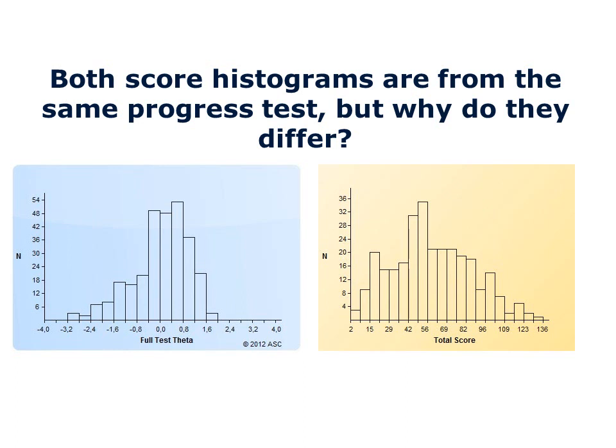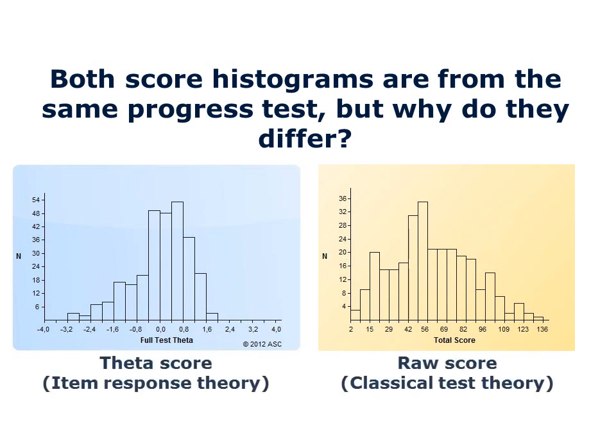So, we have two histograms from the same progress test. But why do they differ? On the left side, we have a histogram of theta scores, which are produced by item response theory, and on the right side, the raw score, a histogram with the total number of correct answers, which is produced by classical test theory software.